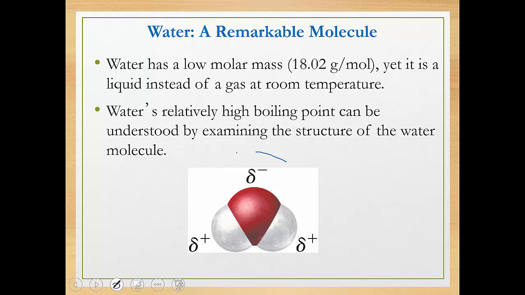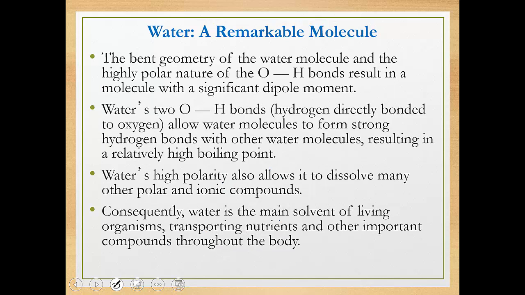We look at the dipole that's created, the partial negative, the partial positives down here along this one, and the fact that it's very electronegative. We have the geometry of the water molecule, which is bent, and we have these highly polar oxygen-hydrogen bonds. So we get hydrogen bonding.